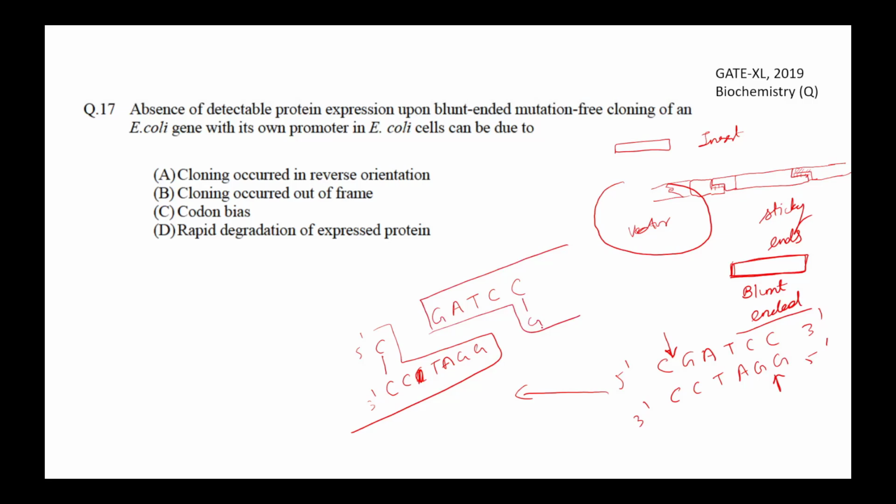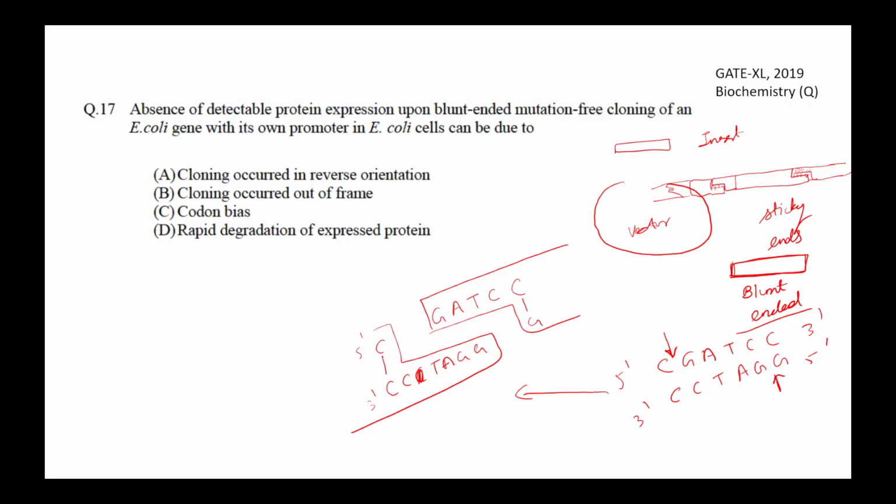Okay, so these are the sticky ends. When the complementary ends meet, then only the cloning will take place. These are the complementary sequences which will go and attach here. Okay. So with sticky ends, the cloning probability will be more sure. Only once the complementary ligation assembly happens will it get ligated.